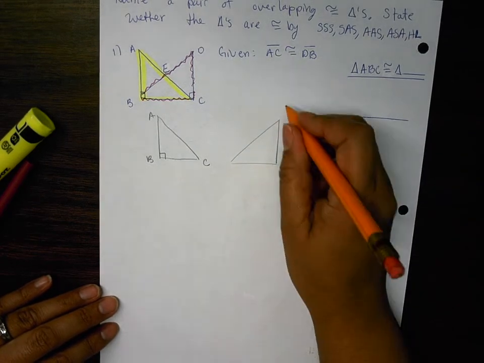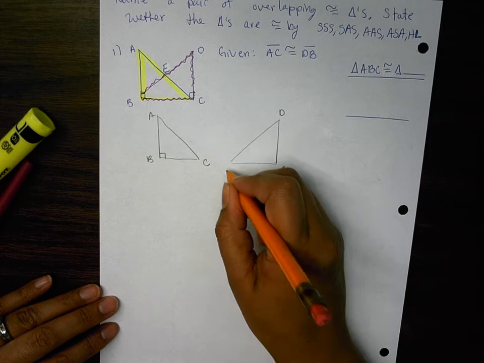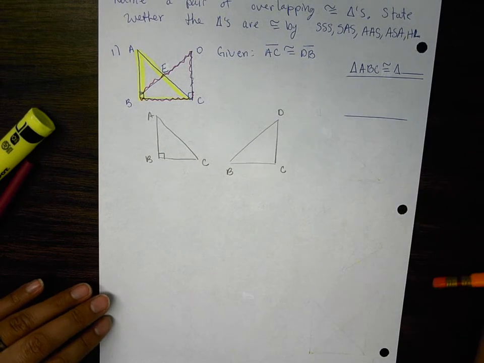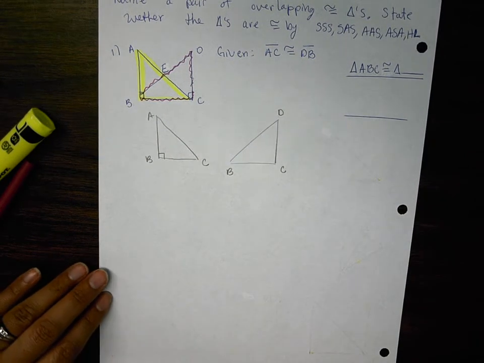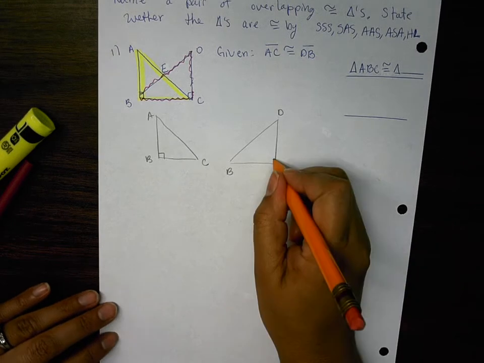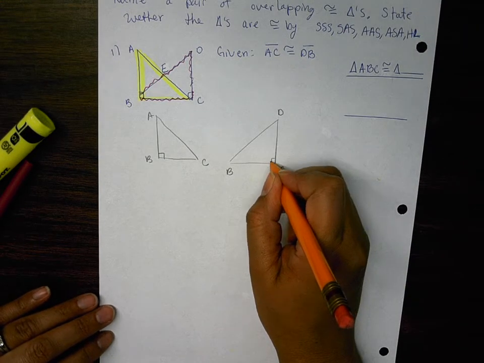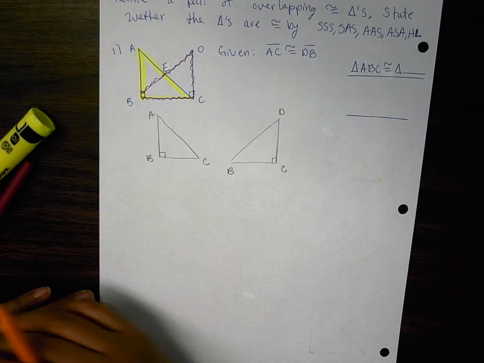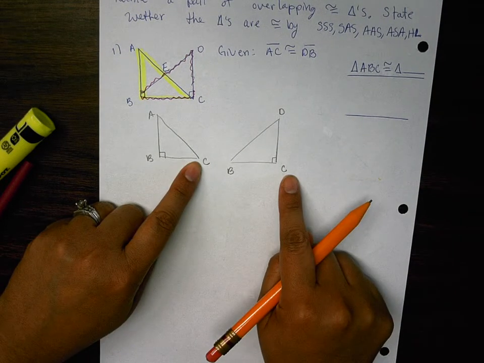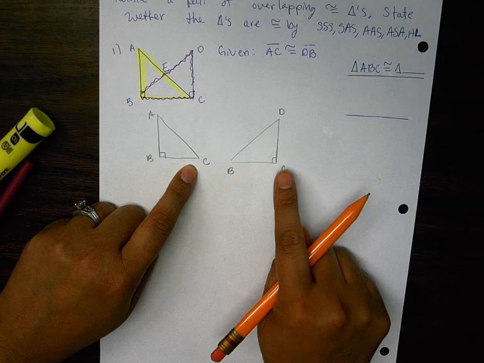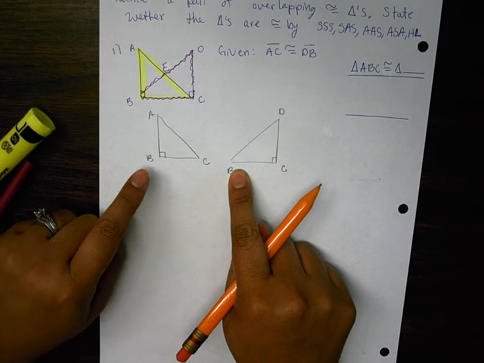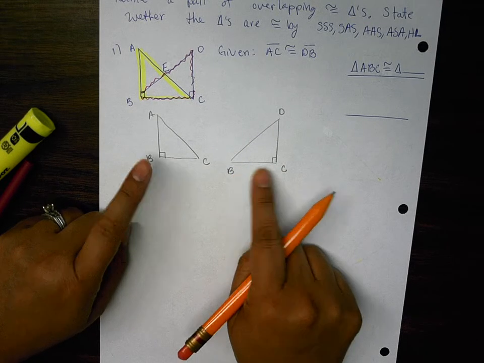All right, so I'm going to redraw it. D, C, B. Oh, where's my right angle? What is it? This one? Okay. Are the two angle C's congruent to each other? No. Look how small that angle C is, and this is a right angle.